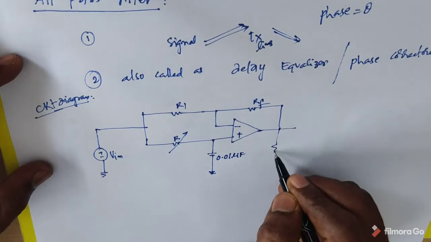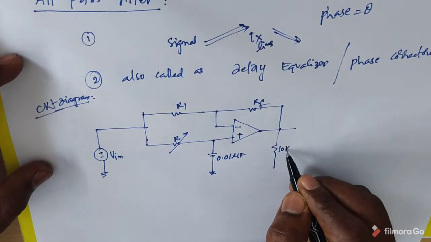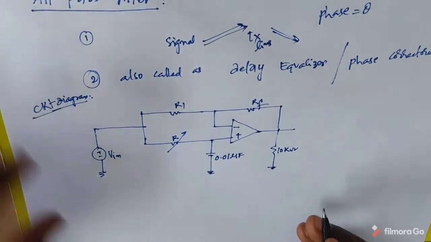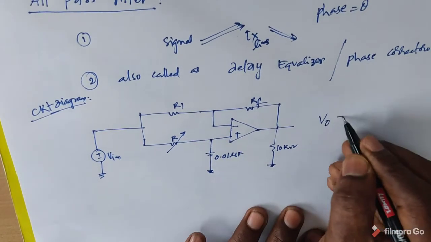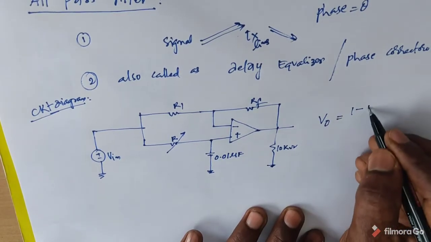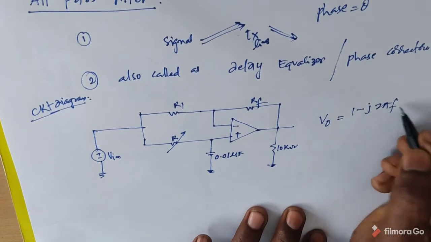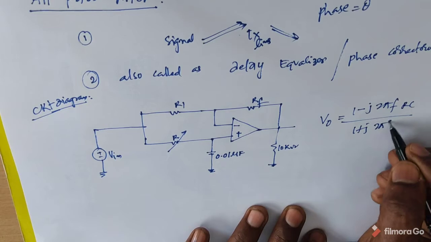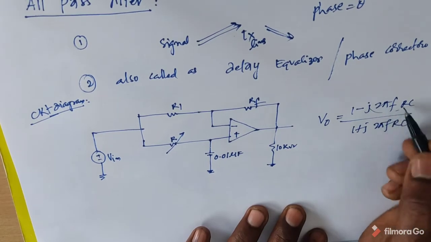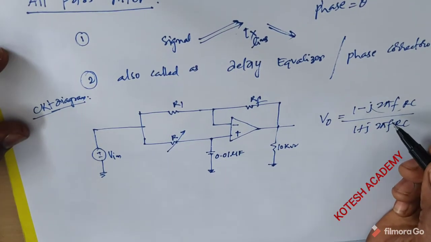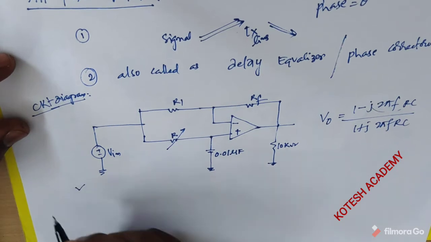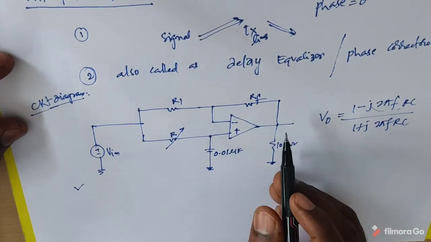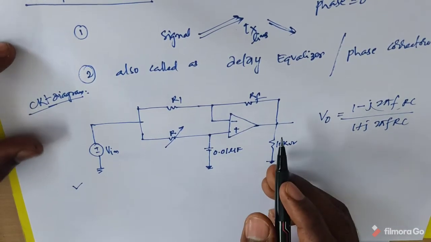Then the voltage drop across the 10 kilo ohm. The final expression for the output is (1 minus j2πfRC) by (1 plus j2πfRC). It is the combination of both in and out phases. In the all pass filter, the output can be obtained by using the superposition theorem.